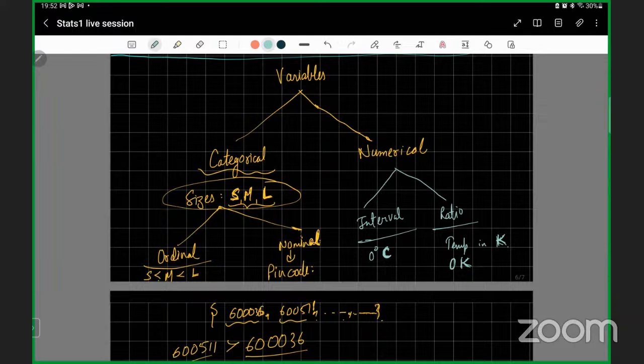So in ratio scale, zero has this absolute zero meaning, that is, nothing of that quantity. That is the difference between interval and ratio scale of measurement.